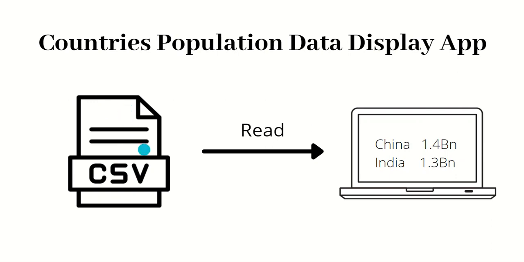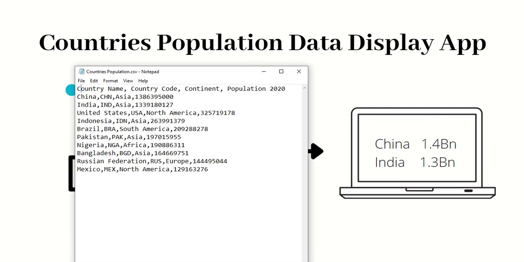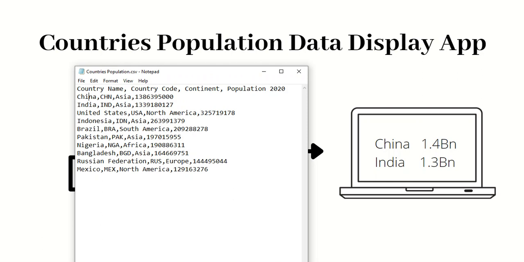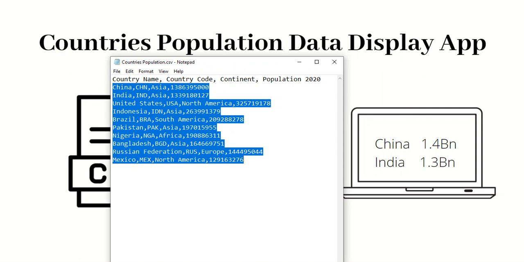For example, you can see country name, country code, continent, and population. So we can see China, India, United States, and their country codes, continent Asia, USA, and population. So we want to read those data and display like this.